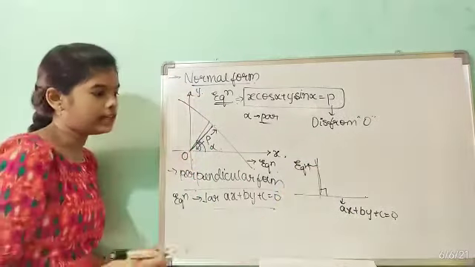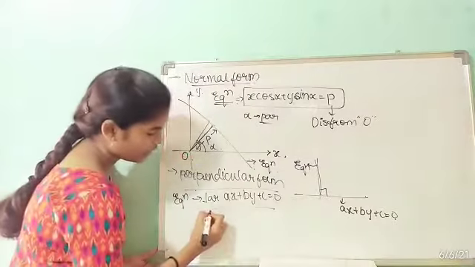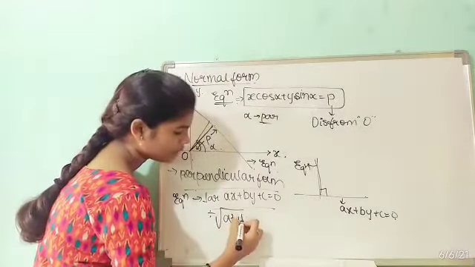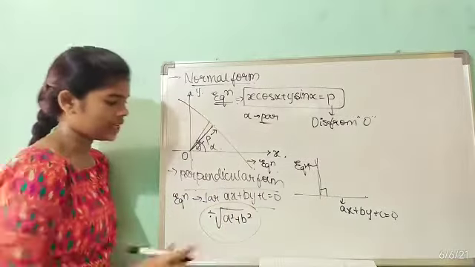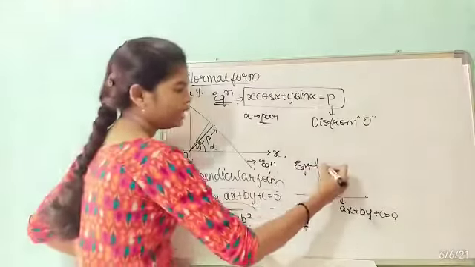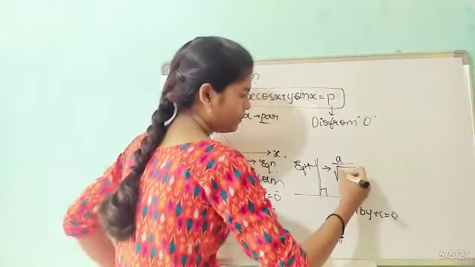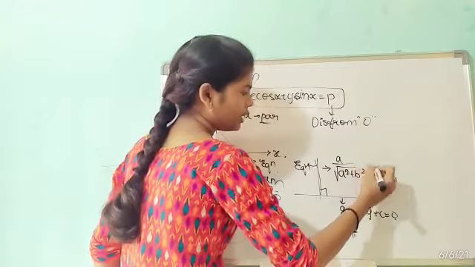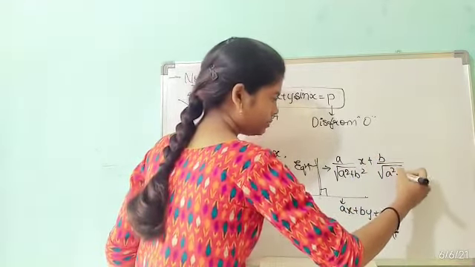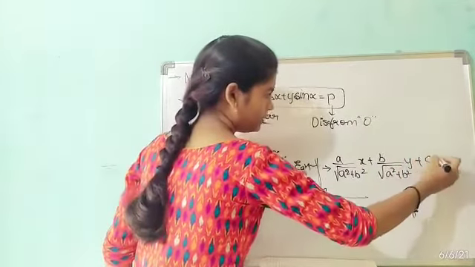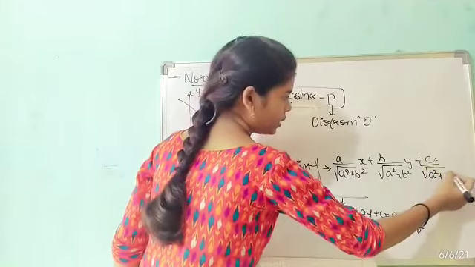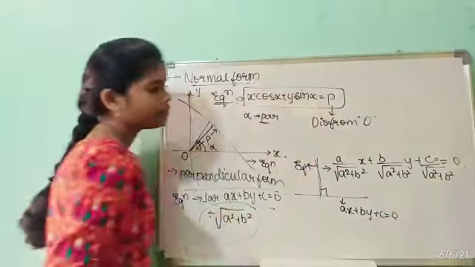In order to find this equation, what we have to do is divide the equation by a square plus b square. Then you will get this perpendicular equation: a by a square plus b square into x plus b by a square plus b square into y plus c by a square plus b square is equal to 0. Okay, this will be the perpendicular.